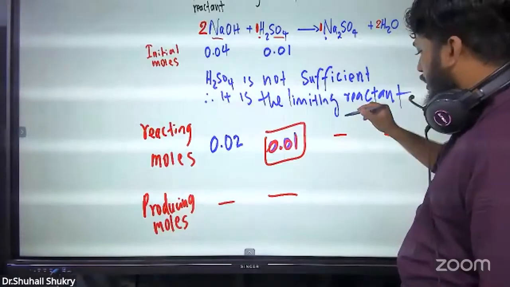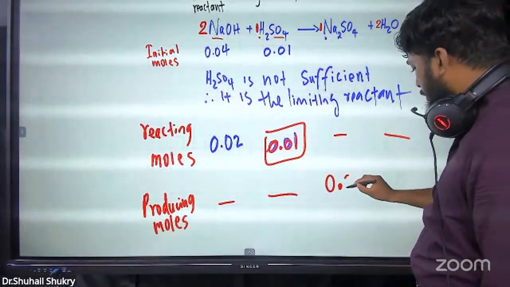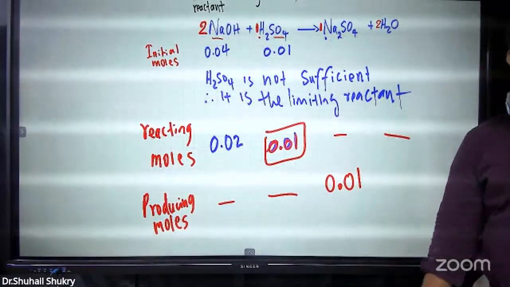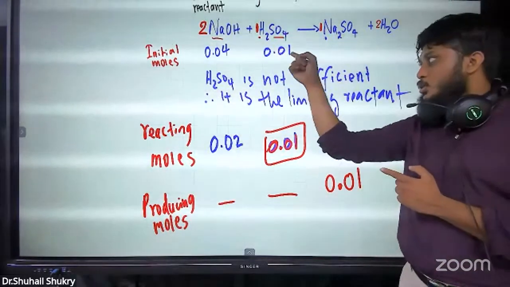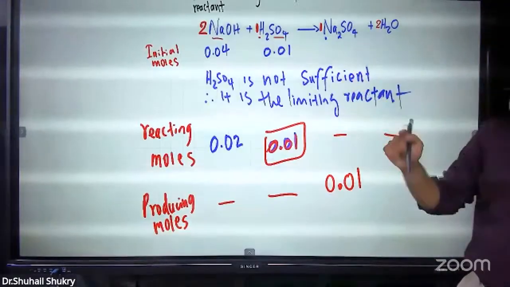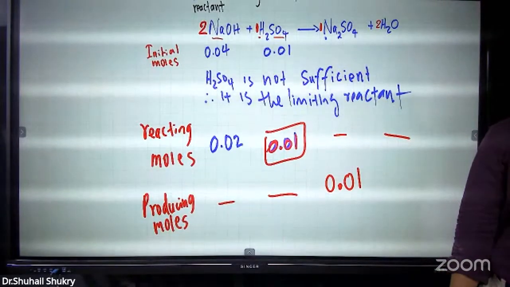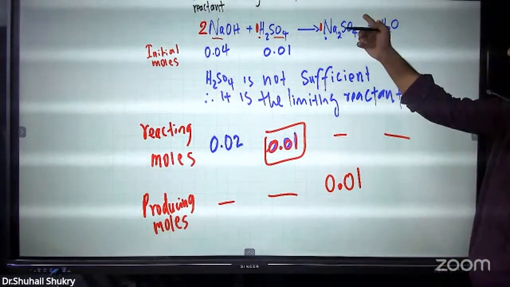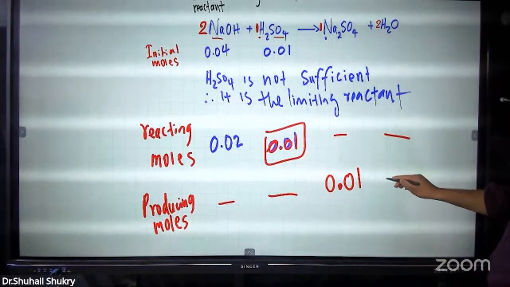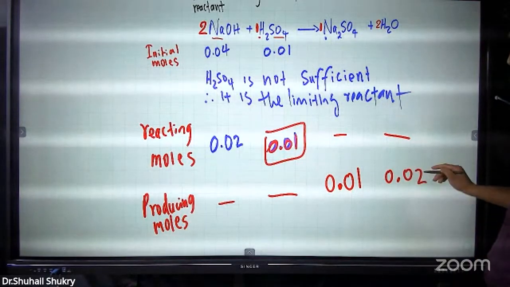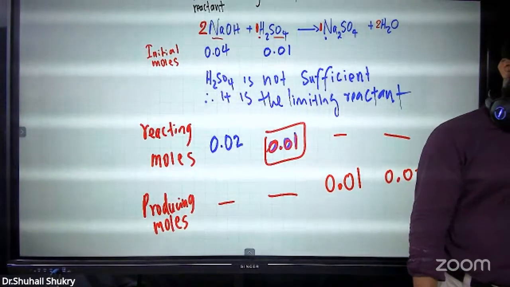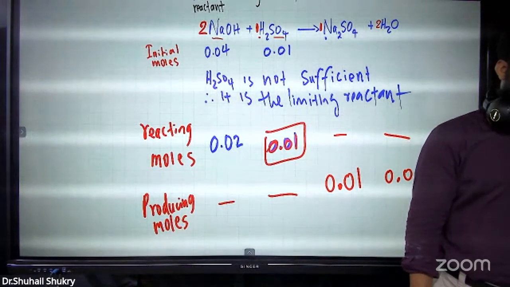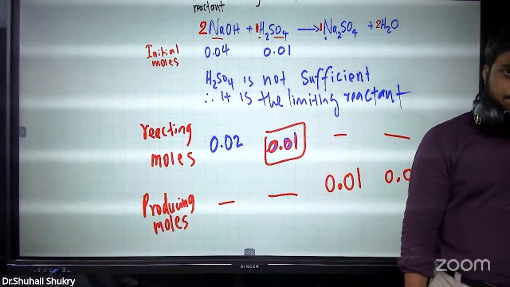So sodium sulfate is also produced how much? 0.01. 1:1 ratio, so 0.01 reacted means 0.01 produced. Then this should be how much? 0.02 are produced in water. Can you understand these things? Everything clear? Great.